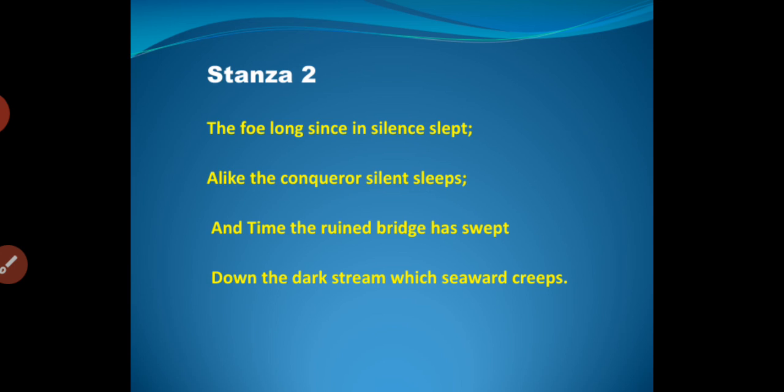Emerson reflects on the impartiality of death, as both foe and conqueror sleep. Emerson's narrative, now in the present tense, uses imagery of nature in the bridge and stream and applies alliteration and repetition, writing silent slept and silent sleeps.